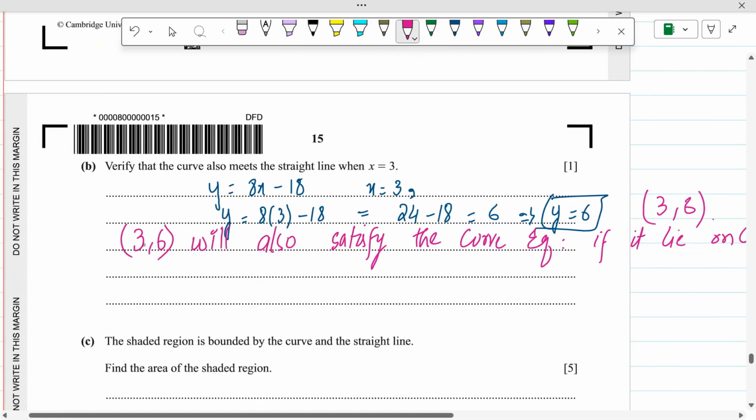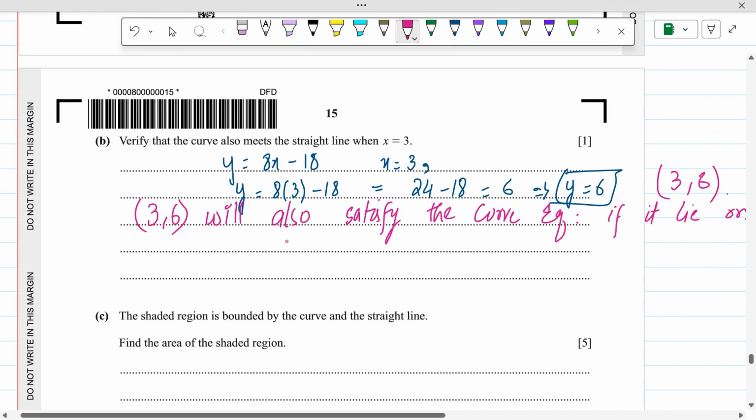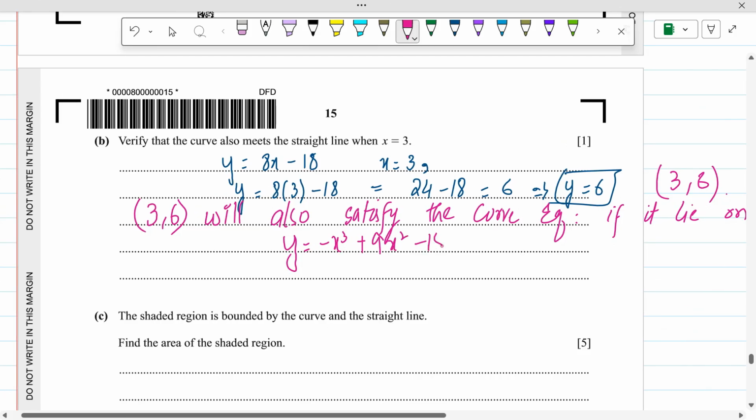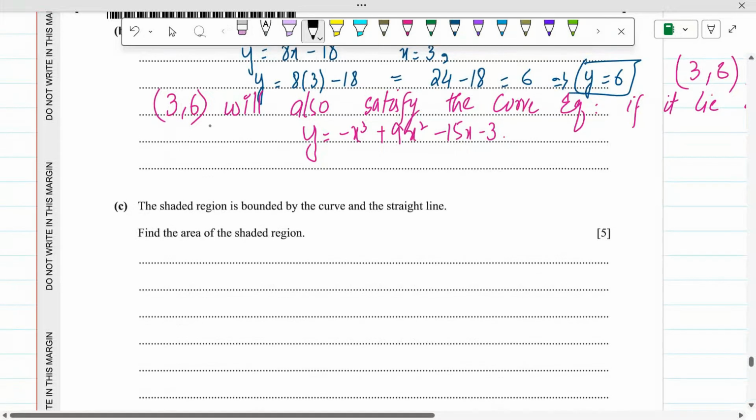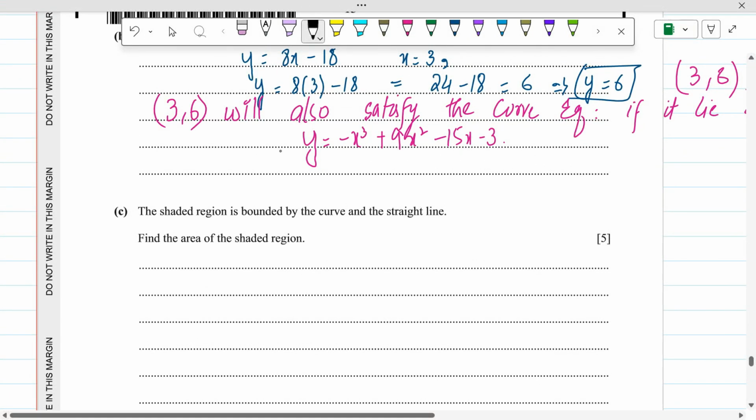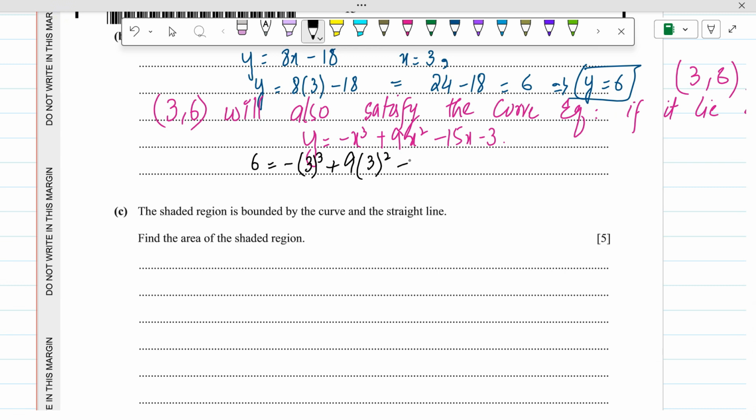So plugging this point into the curve equation, which is y is equal to negative x cube plus 9x square minus 15x minus 3. Now plug this point in to find whether it satisfies the curve equation or not. The x coordinate is 3 and the y coordinate is 6. So 6 is equal to negative 3 cube plus 9 times 3 square minus 15 times 3 minus 3.